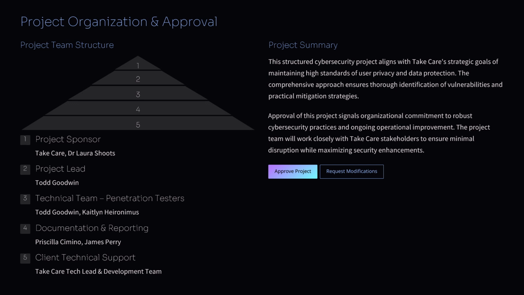Todd and Caitlin will handle all technical aspects such as penetration testing. James and Priscilla will handle all the documentation and reporting. This is our technical team providing critical input throughout the process.